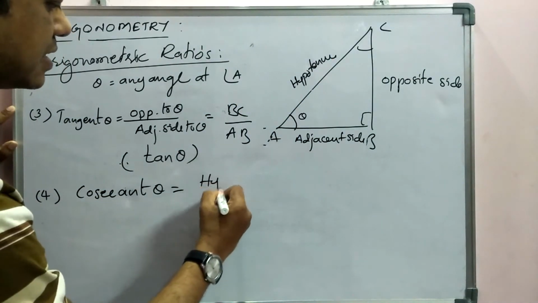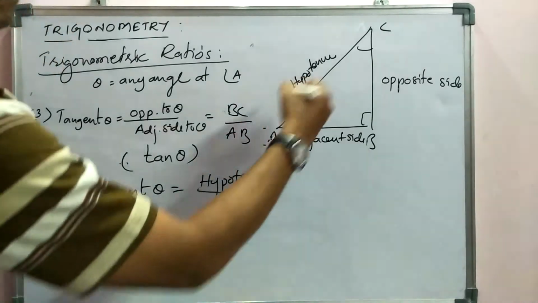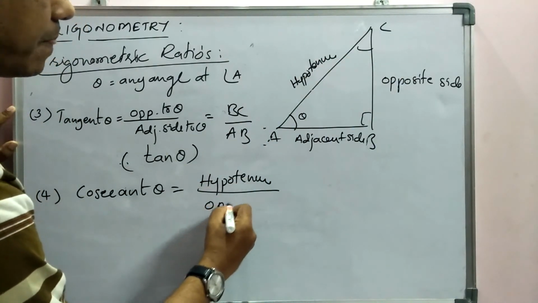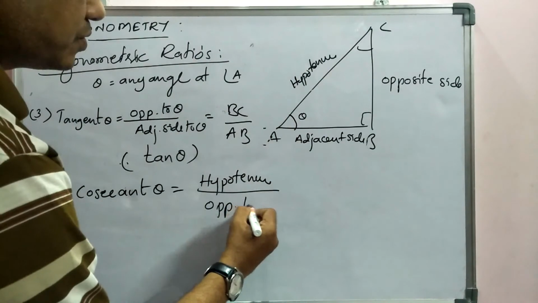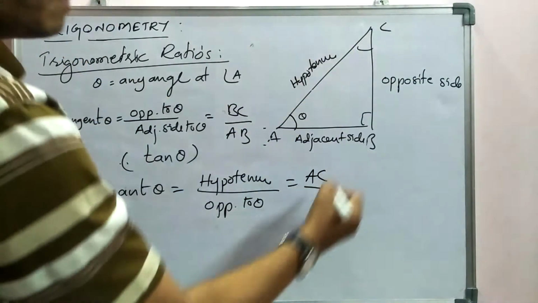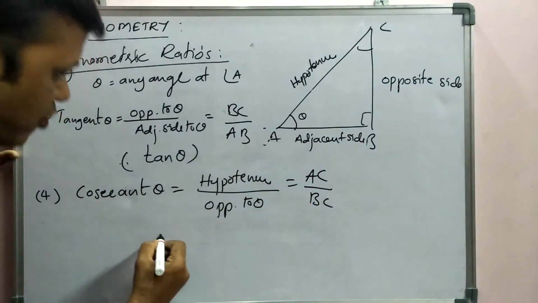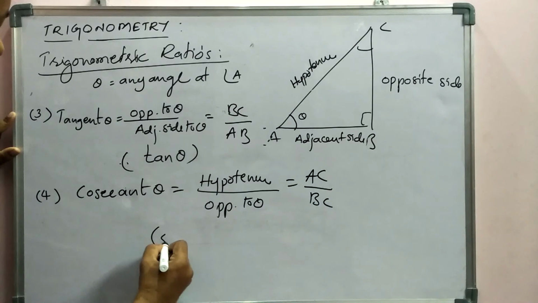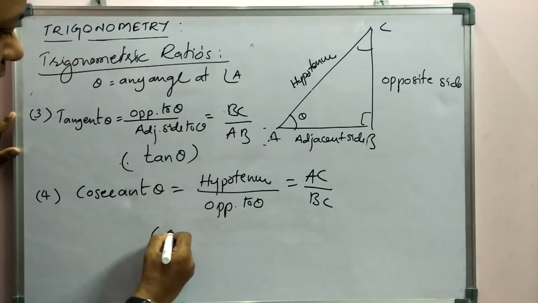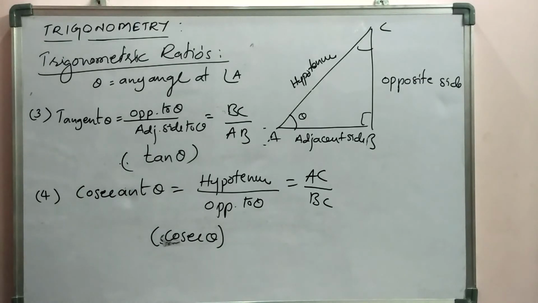For this the ratio is hypotenuse by opposite to theta, that is AC by BC. So it is given the name cosecant theta. In short form we call it cosec theta. Then the fifth ratio.